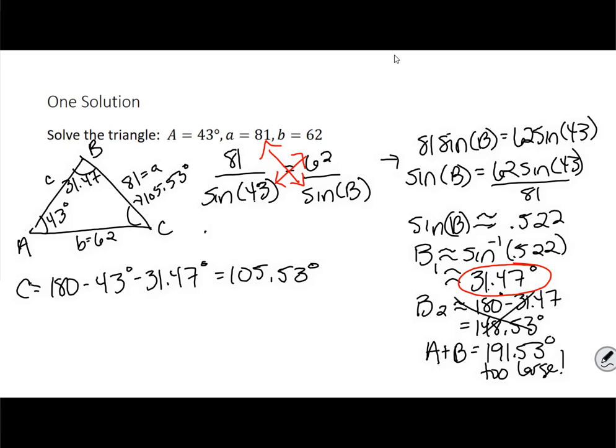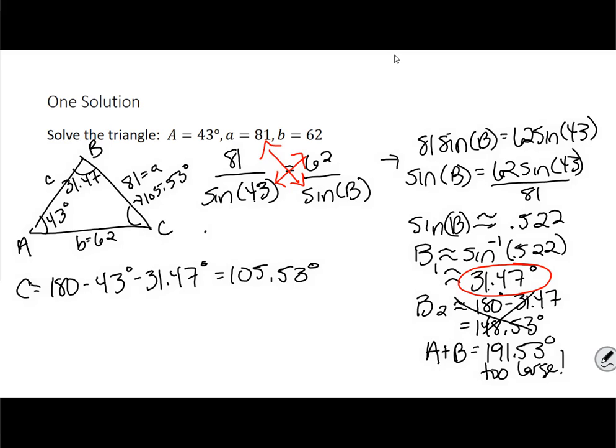So now I just need to find side C. Once again, now that I have angle C, I'm going to call on the law of sines. You can use side B and angle B, but since angle B was an unknown, I feel a little bit uncomfortable using that just in case I may have done something wrong at finding angle B. So let's use angle A and side A since that was a given.